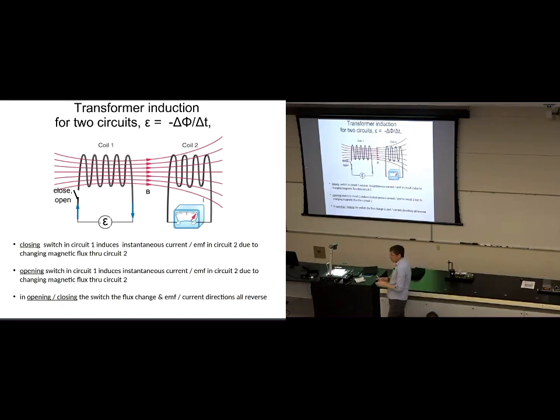And what we've discovered, this was actually Faraday's experiment, his very first experiment on magnetic induction, is that when you switch on the circuit on the left-hand side, at that moment you induce an instantaneous, momentary voltage, current in the circuit on the right-hand side.